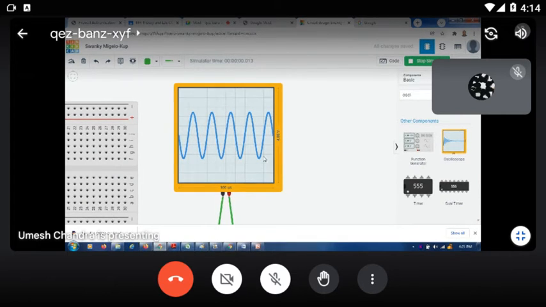Output voltage is 2 volt. Peak to peak 4 volt, each block is 0.4. The upper side is 2.5 blocks, 2.5 into 0.4. Two big blocks and a half block; the lower side is the same, two big blocks and another half block.